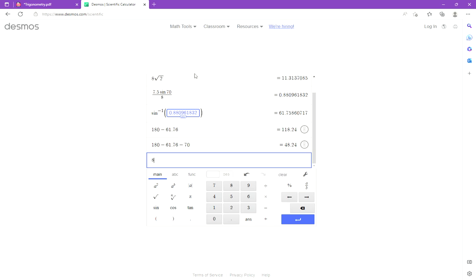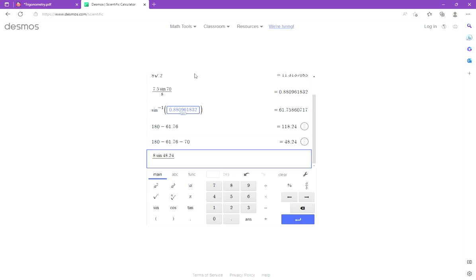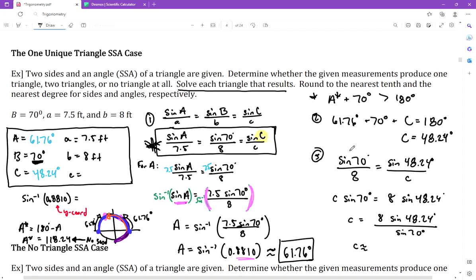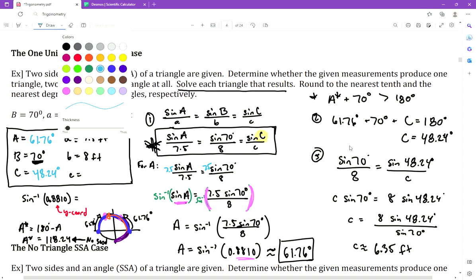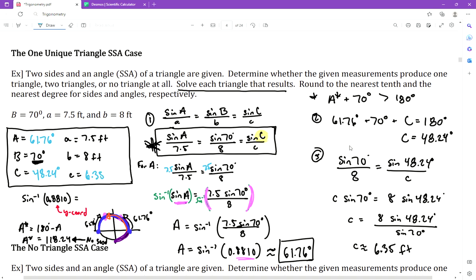So we've got 8 sine of 48.24 all divided by sine of 70. So 6.35. And that would be in feet. Okay, and then to finalize it, let's just put it in the table, 6.35 feet.